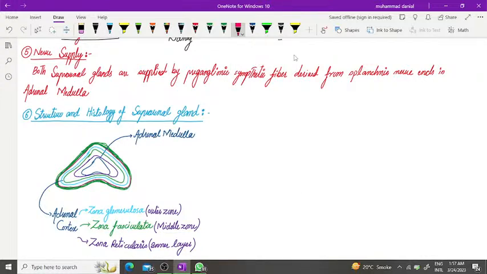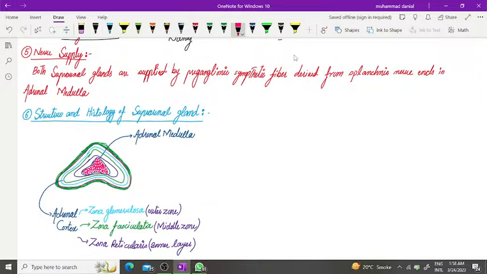And this inner portion is the adrenal medulla.